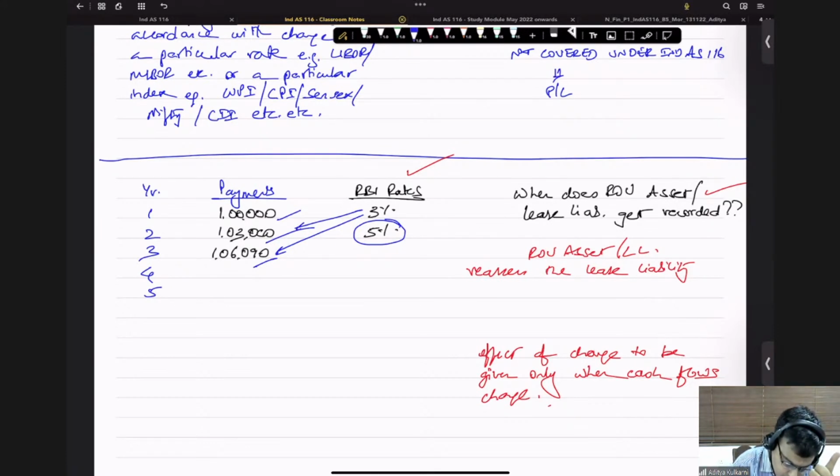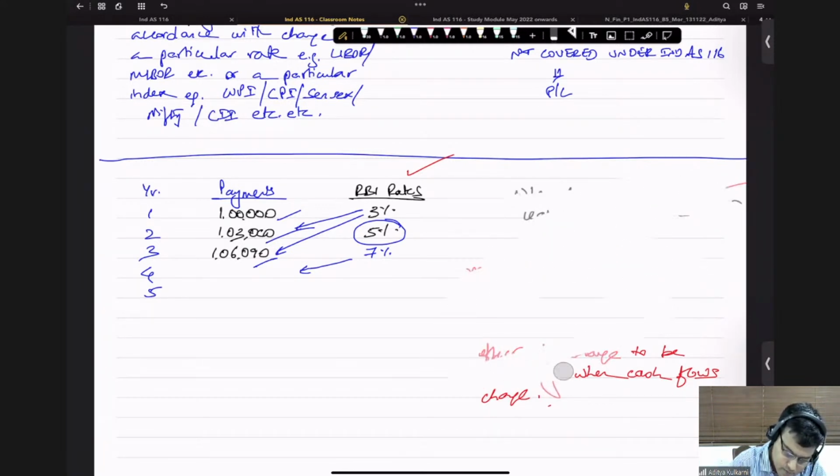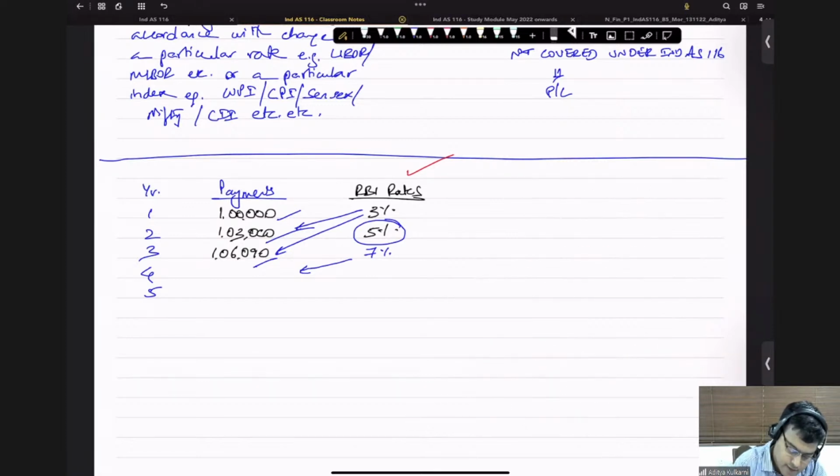Suppose at the end of year 3, the RBI rate goes to 7%. And now what happens is year 4 onwards, cash flow changes means the lease rents will be computed accordingly. See, ideally, I had explained, okay, first year it would be 1 lakh.